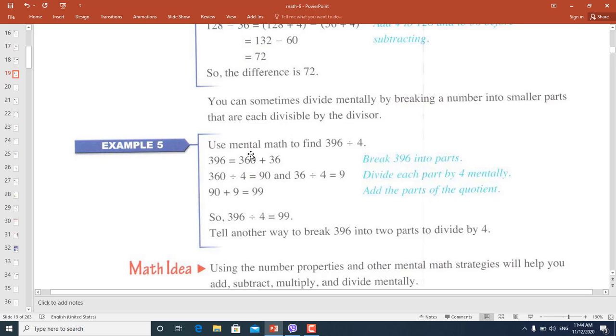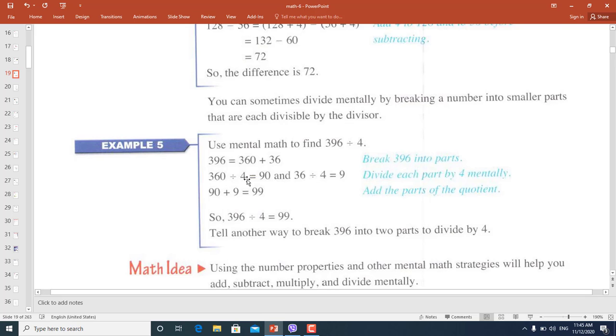So we choose two numbers that add together to equal 396. 396 is made of 360 plus 36. 360 is easy to divide by 4, also 36 is easy to divide by 4. So we will divide this number by 4, and this number we will also divide by 4.